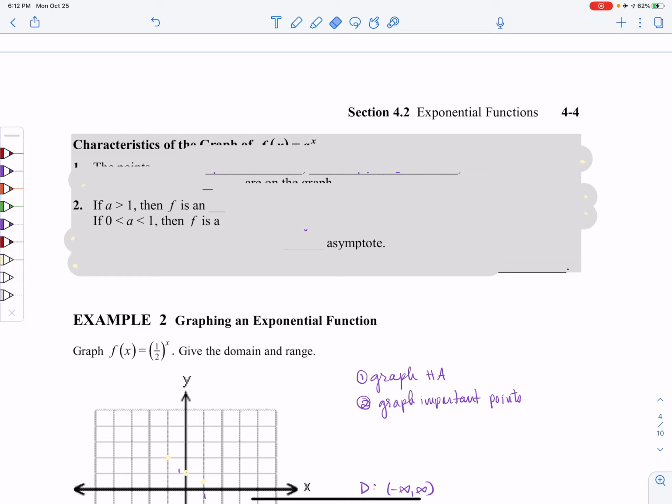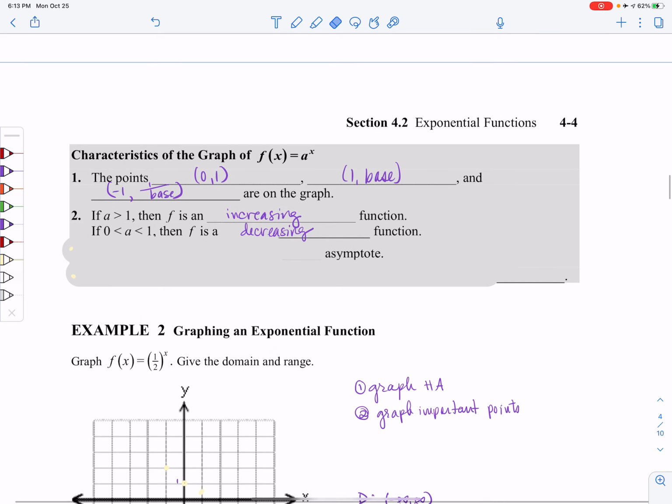Before we practice drawing, I forgot about this little gray box here that has some characteristics. All of these are things that we have already discussed. So again, those 3 points that we're going to have, we've got (0, 1), (1, base), and then (-1, reciprocal of the base). Number 2, if a is greater than 1, then my function is going to be increasing.